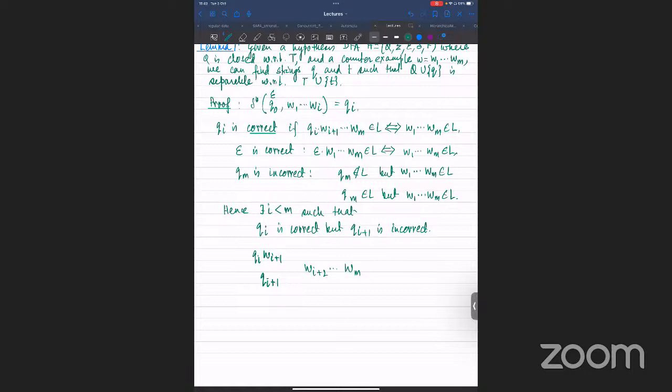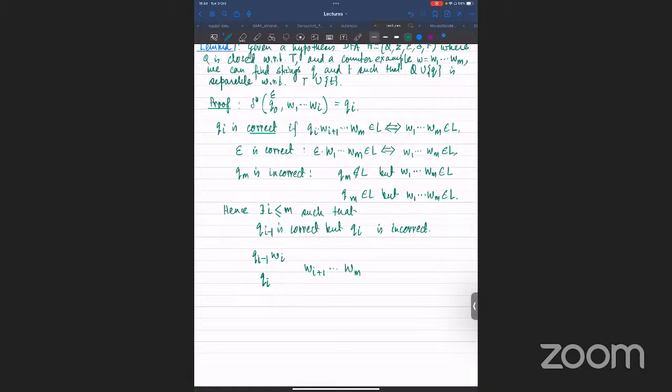Or maybe let me just change the index a bit: there exists, let's say, qi minus 1 is correct, and I call qi incorrect. So qi minus 1 wi and qi, and here it is wi plus 1 to w.